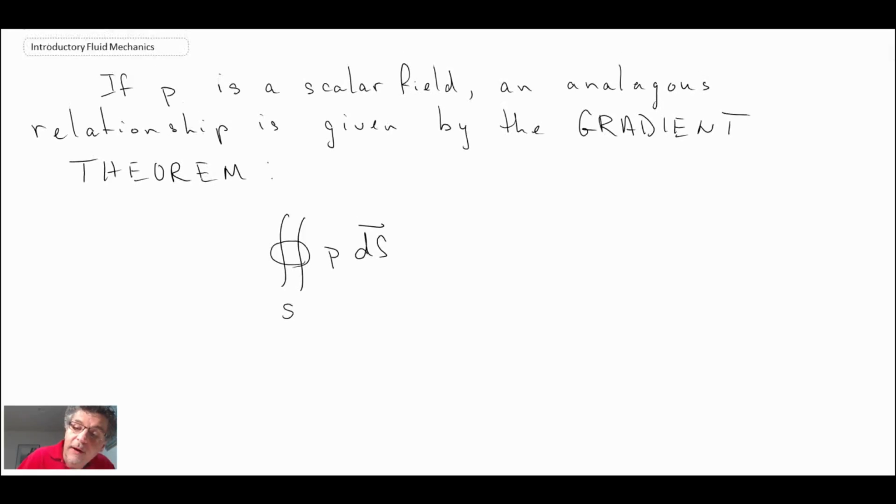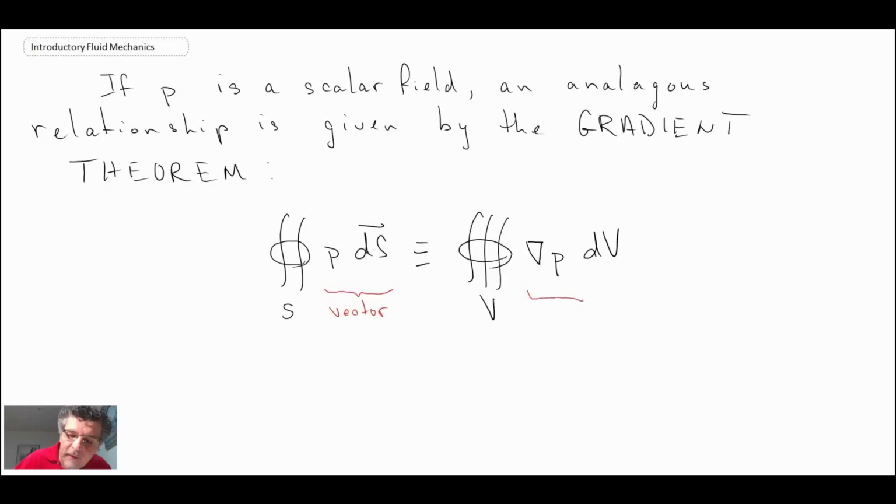On the right-hand side, we end up with a volume integral, and we deal with the gradient operator of that scalar field multiplied by the volume. On the left-hand side, we have a scalar multiplied by a differential element, which is a vector, so we end up with a vector. On the right-hand side, we had grad p multiplied over the volume, so that as well will be a vector. So we have vector, vector, which is consistent.